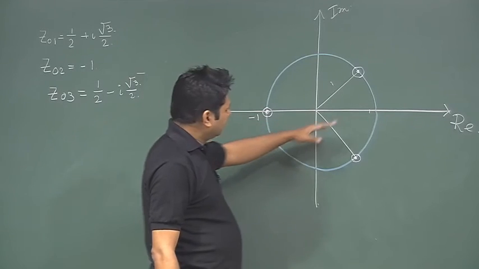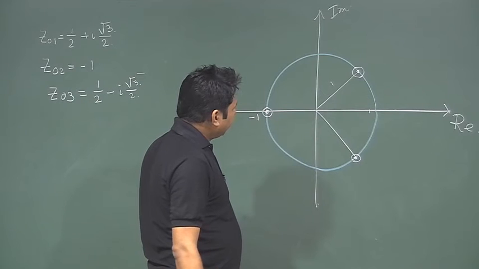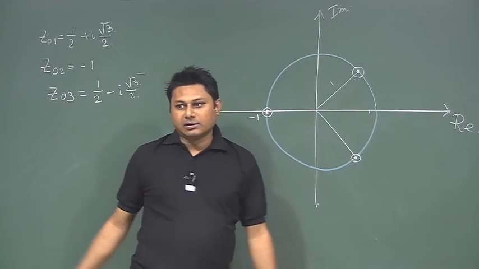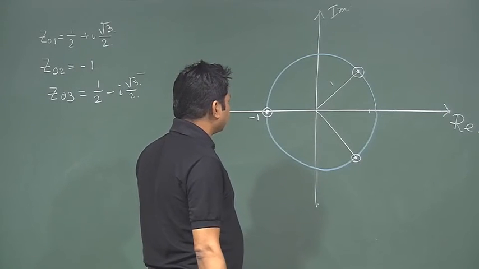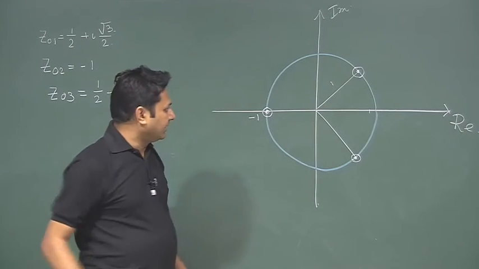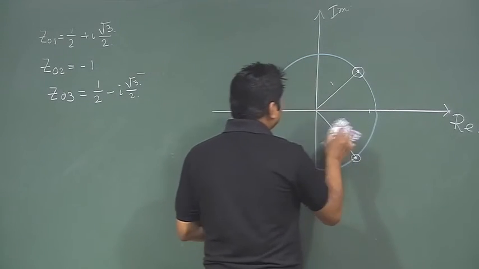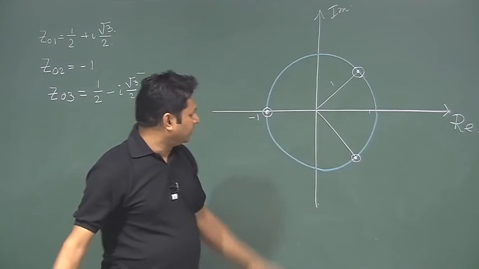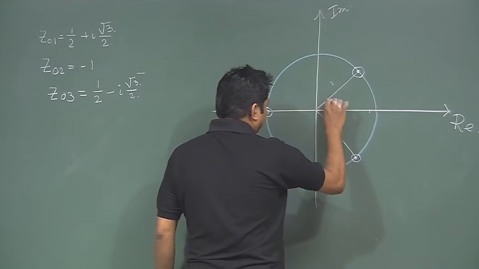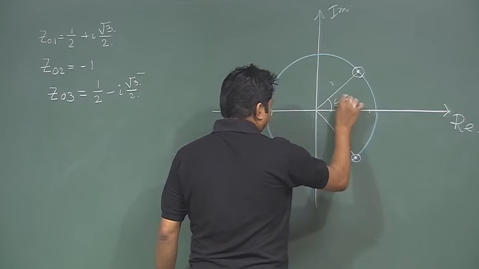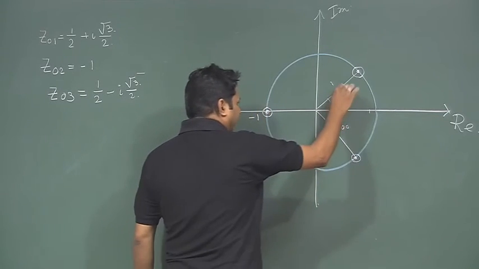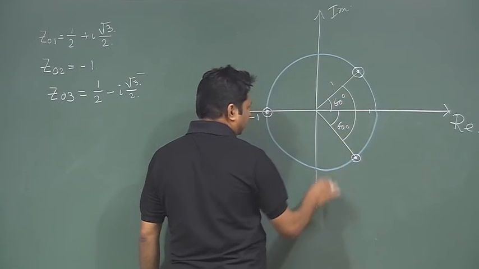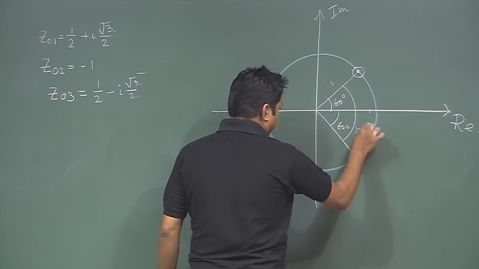What is the angle between these? I need to calculate the angle between them. So let me slightly change, because it should be 60 degrees. My drawing is not good. The first point, this is 60 degrees, this is 60 degrees. So the angle between these two is 120 degrees.